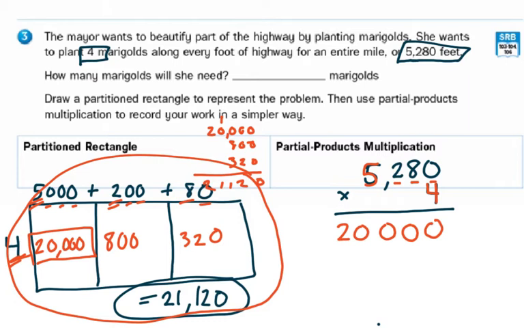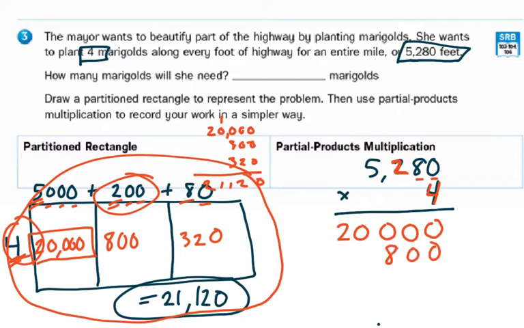Now I'm going to take the 4 times the value of the 2. Same thing as I have over here. 4 times 2 is 8 with 2 zeros behind it. 800. Just what I have over here. And lastly, I'm going to take the 4 times the 80.